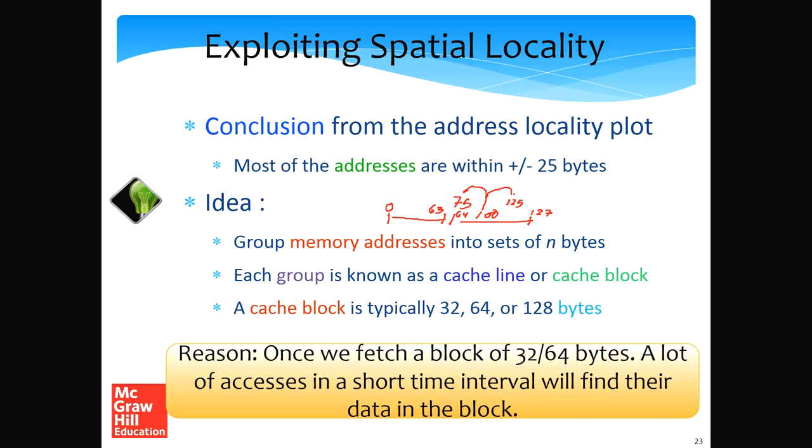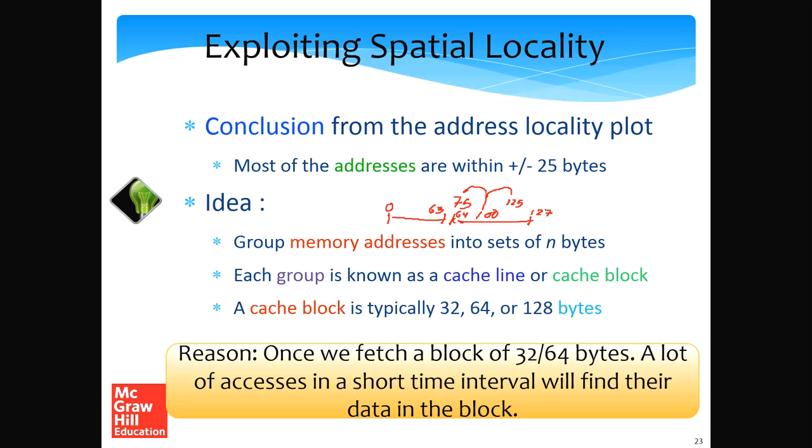And if we fetch the entire 64 bytes together from the lower levels, from the main memory or from the L2 cache into the L1 cache, then we will reduce our miss rate significantly, right? Because of spatial locality, if all the accesses are within this block in a small period of time, we'll all have cache hits. So we'll not have to go outside the L1 cache. So it's a fantastic idea in that sense.